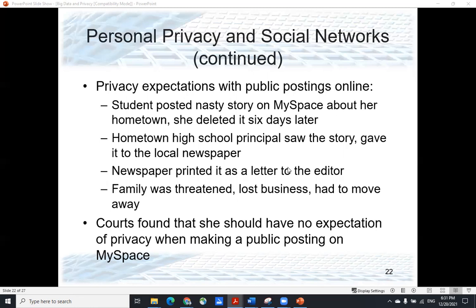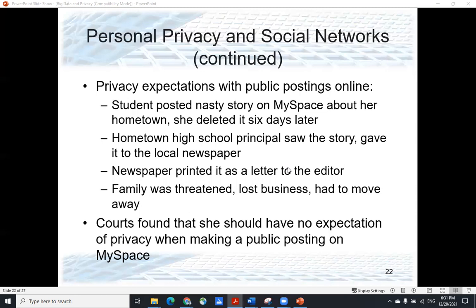Now, the privacy expectations with public postings online. For example, a student posted a nasty story on MySpace about her hometown. She deleted that post six days later, but the hometown high school principal saw the story and gave it to a local newspaper, and the newspaper printed it.